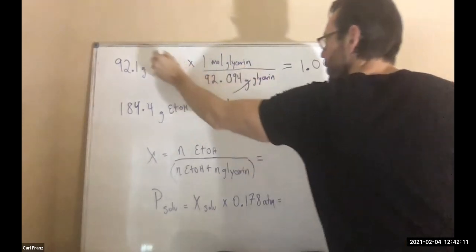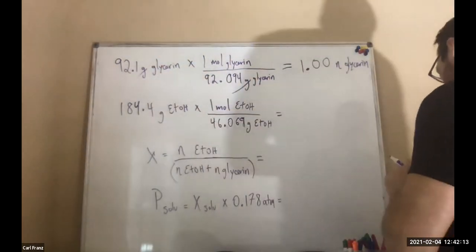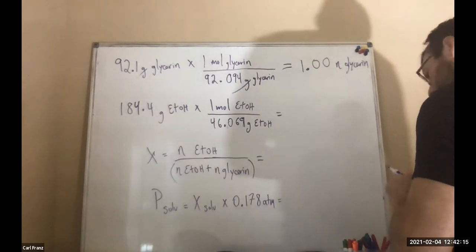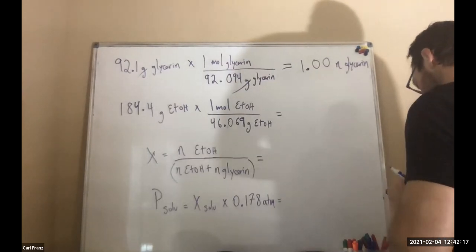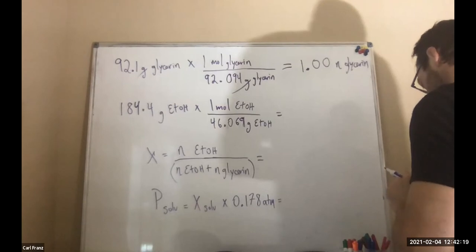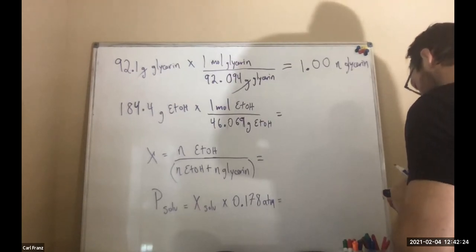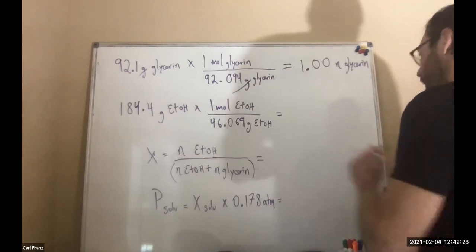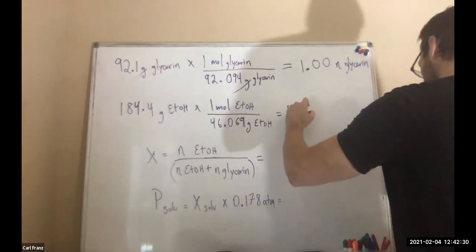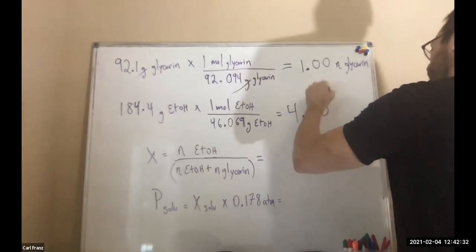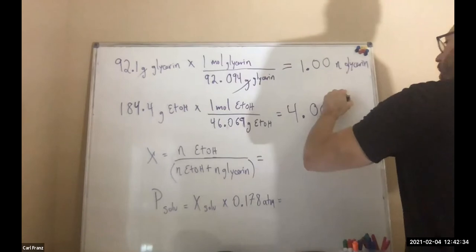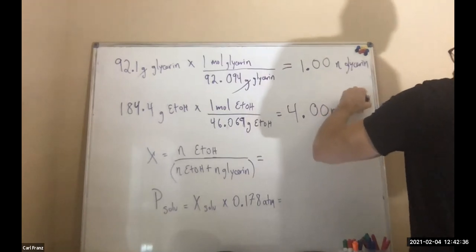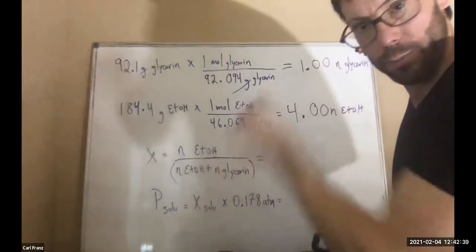Remember, the grams cancel, right? Okay, and then 184.4 divided by 46 point, gives me 4.00 moles of ETOH, or ethanol.